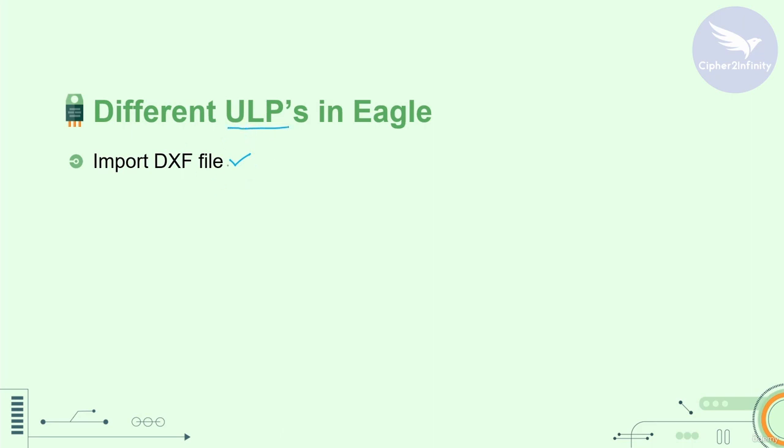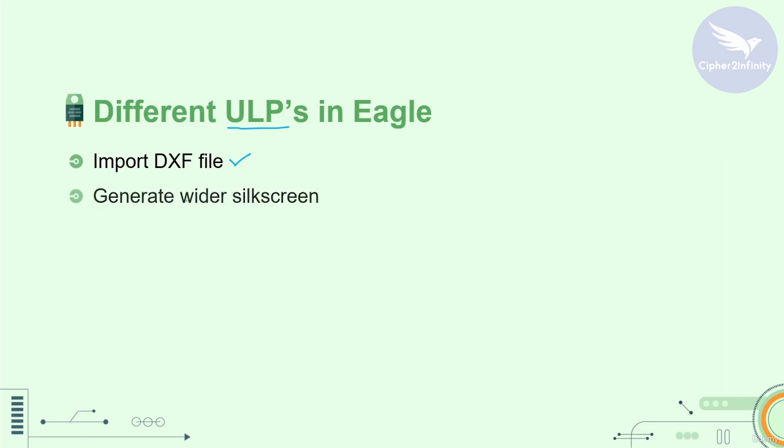We have already discussed the procedure to import the DXF file: we first go to File, click on the Import option, and there is an option for DXF file. From there, we can import the DXF file in Eagle software. But in this video, I'm going to show you how, by running a ULP, we can import the DXF file in the Eagle software. Okay. So that's basically the second method of importing the DXF file in Eagle software.